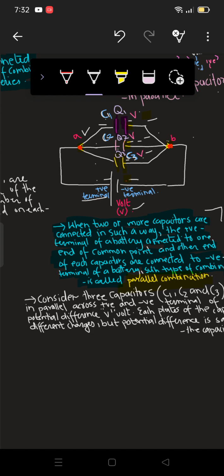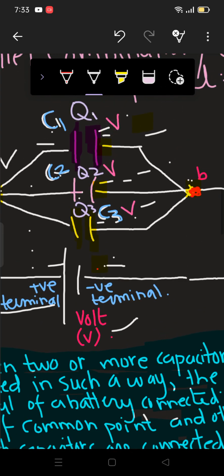I hope till this point everything is crystal clear to you. Thus each capacitor is going to store different charges.